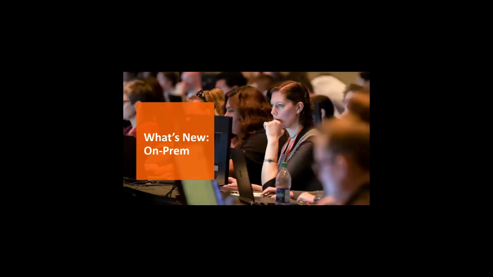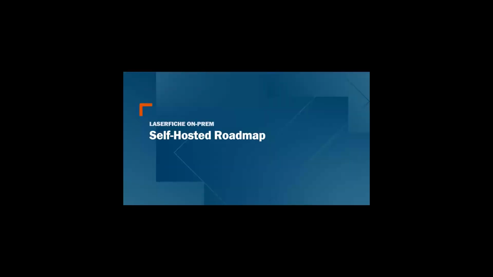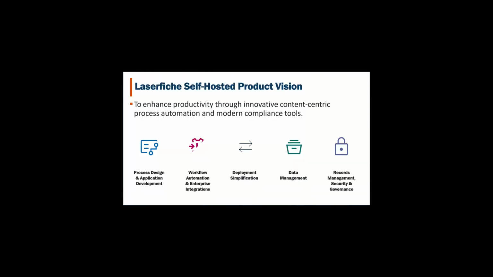All right, now let's move on to on-prem, and we'll get started with what's new already released for on-prem self-hosted. We'll get started by taking a look at the on-prem roadmap. I want to start off by giving an overview of some of Laserfiche's self-hosted goals.